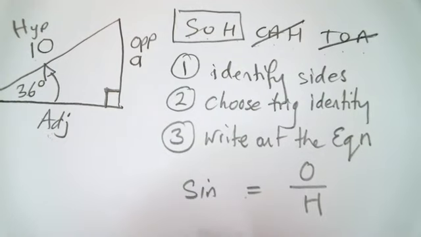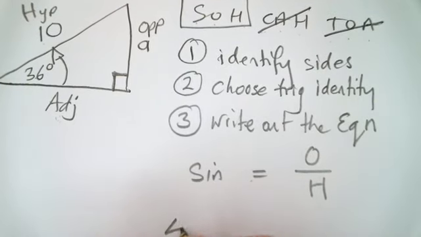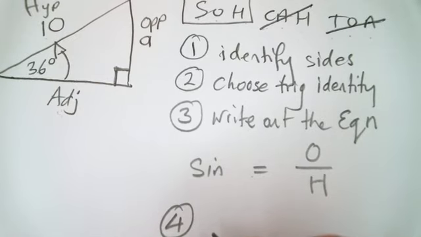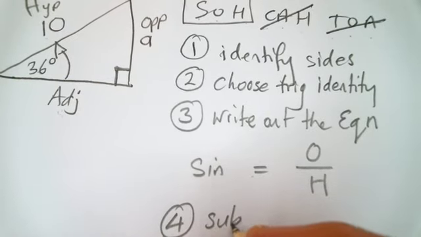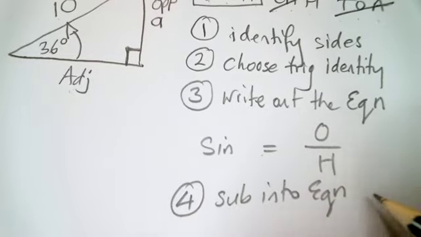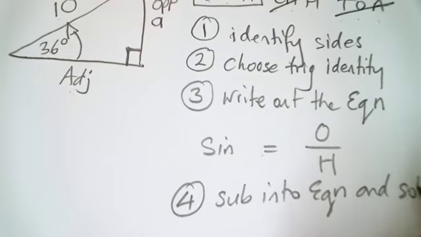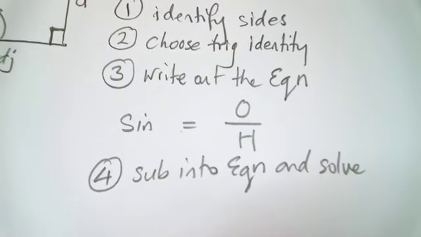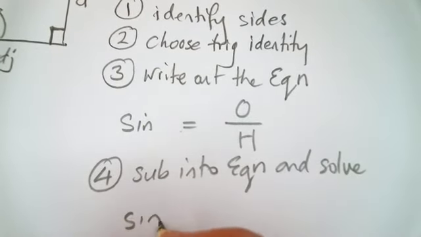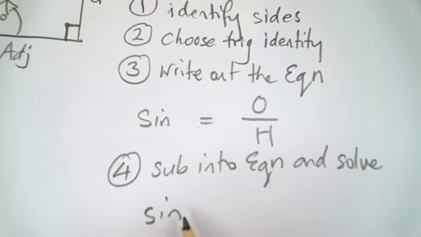Now the fourth step, though, put 4 here, is to substitute into the equation what we know, and solve. So let's substitute stuff into the equation. So we've got sine, here it is. Sine what? Well, sine's an angle.